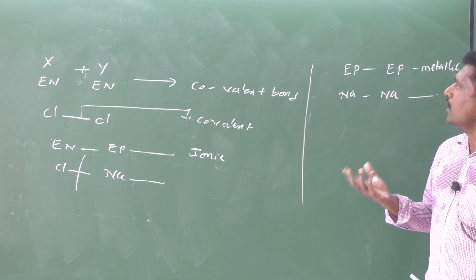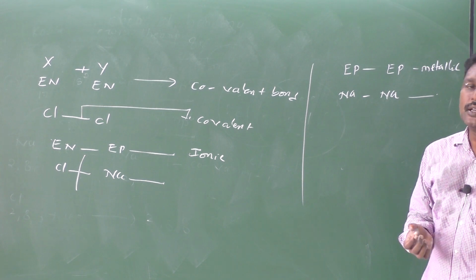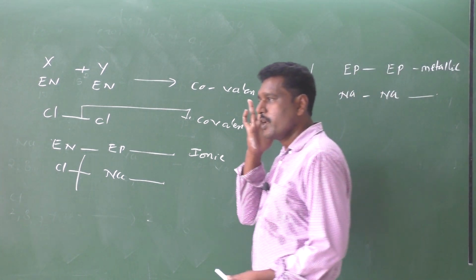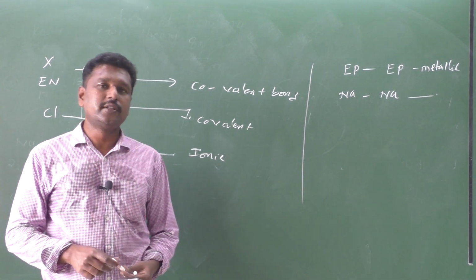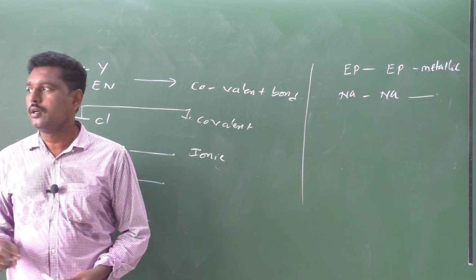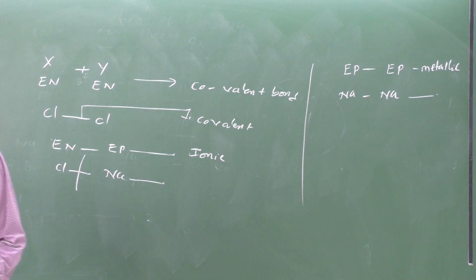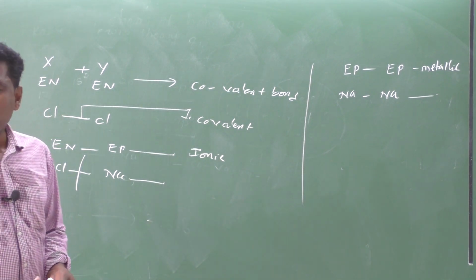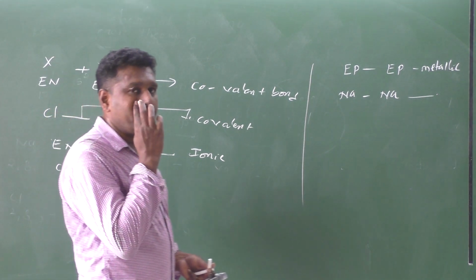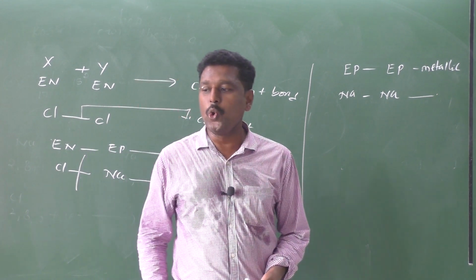Two electropositive elements form a metallic bond. If one is electronegative and the other electropositive, that bond is called an ionic bond.